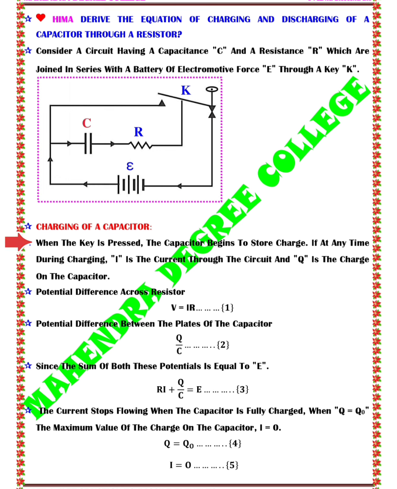When the key is pressed, the capacitor begins to store charge. If at any time during charging, I is the current through the circuit and Q is the charge on the capacitor. In an electrical circuit, pressing a key or switch essentially completes the circuit, allowing electricity to flow.